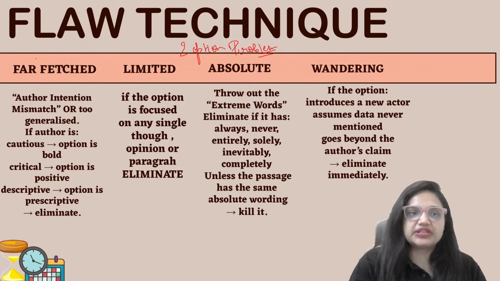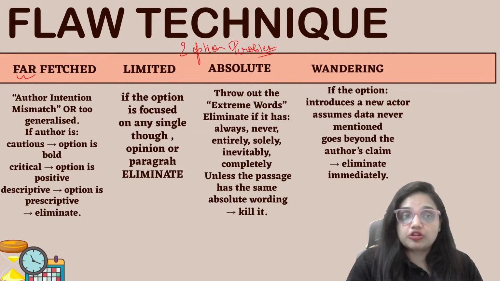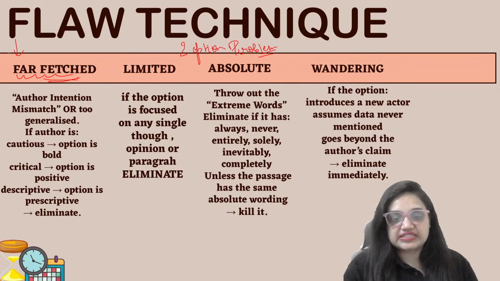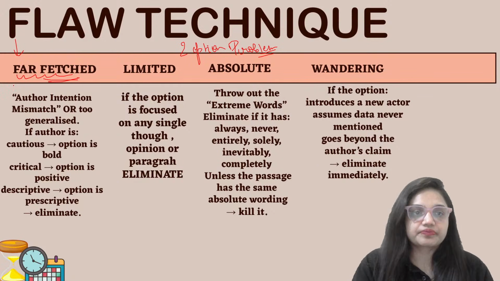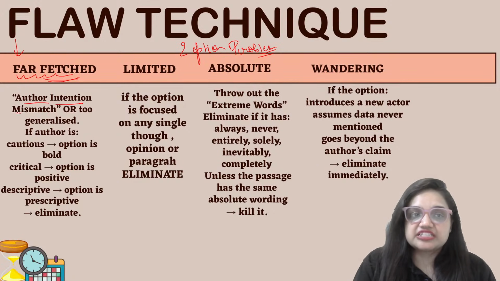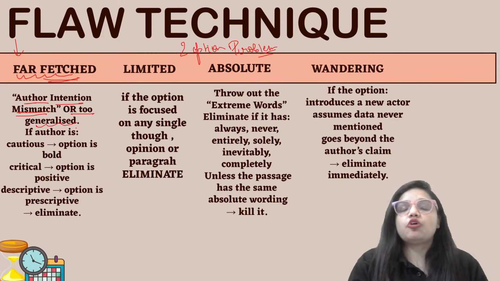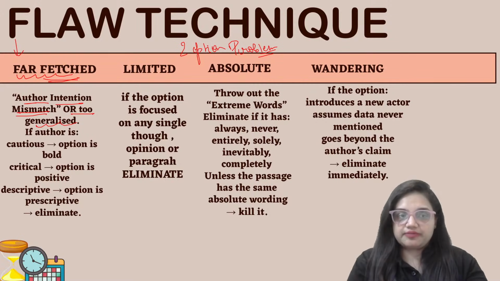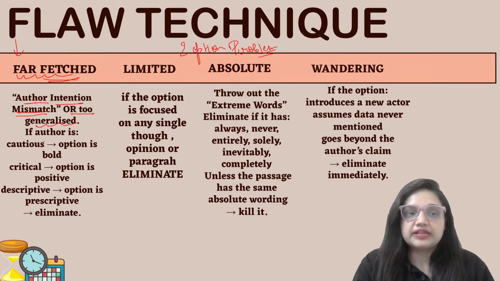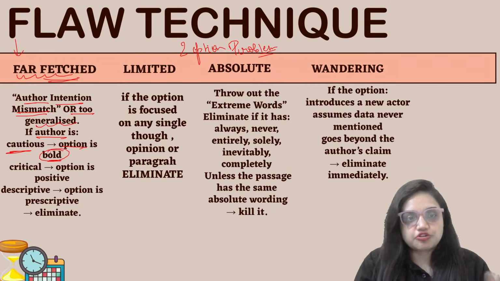So the first one is: eliminate all the options that are far-fetched. F here stands for far-fetched. Meaning what? If the author's intention is mismatching, or the argument or statement given is very generalized, too general a statement. For example, if the author is cautious and the option is good, then this is the wrong option.